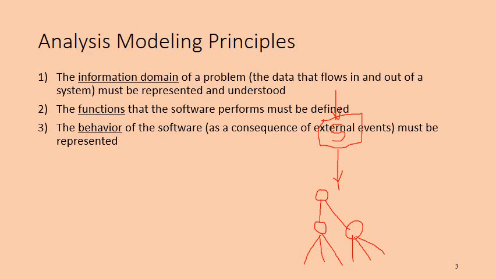How will I identify your behavior also? If I want to identify the behavior of any student, how will I identify it? I will see how you are behaving with others, how you are communicating with others, what your behavior is in the external environment, right? So the behavior of a computer system is driven by its interaction with the external environment.